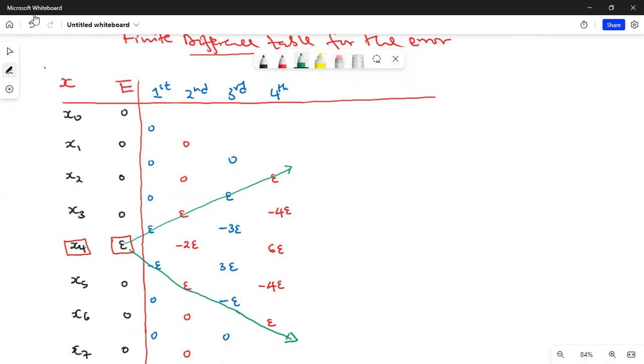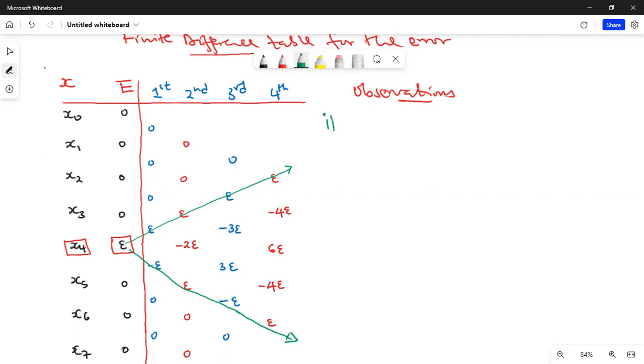I want us to list them down here. There are various observations that we can take note of from this table. So our observations. I'm going to write them down.